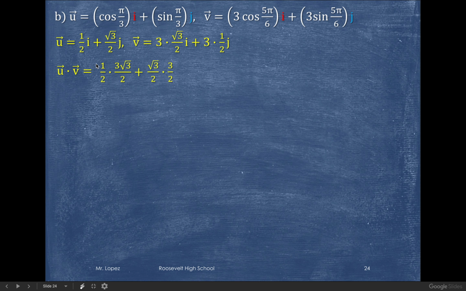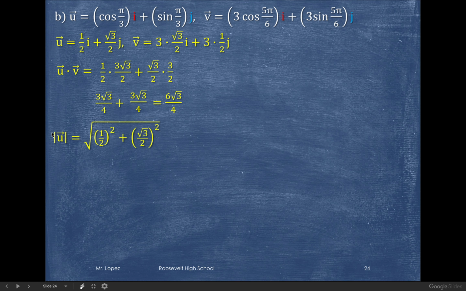Then we continue on. This would be radical 3 over 4 plus 3 radical 3 over 4. Next, since we have a common denominator, it will be 6 radical 3 over 4. We can reduce this, but let's leave that alone for a second.